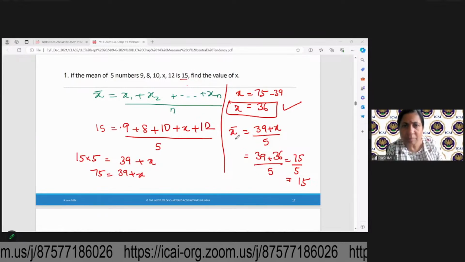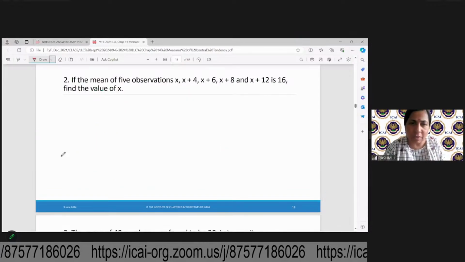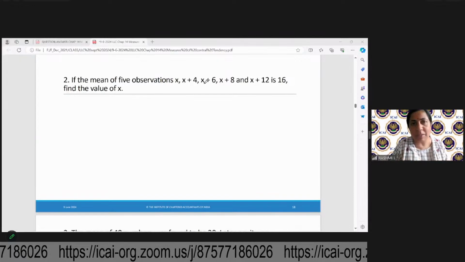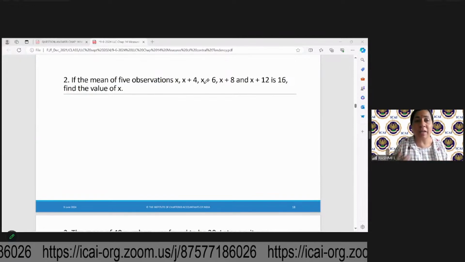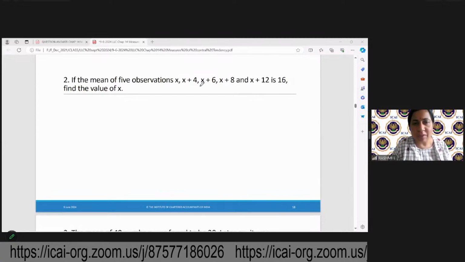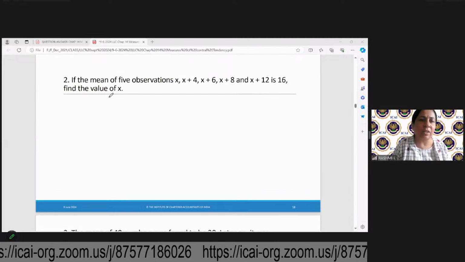So these are the type of sums that will give you an understanding of what measures of central tendency are, and in that, what the measure of arithmetic mean is. If the mean of 5 observations x plus 2, x plus 4, x plus 6, x plus 8 and x plus 12 is 16, find the value of x.